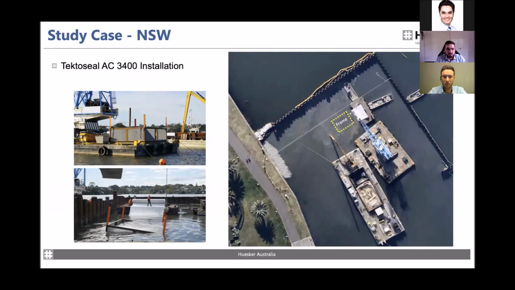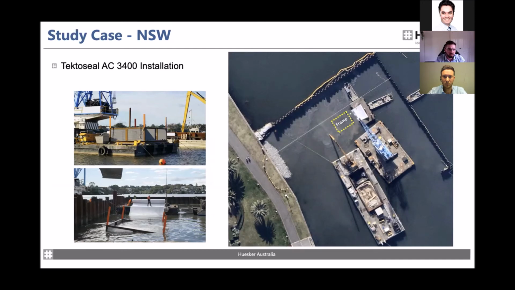This material is really peculiar because the same reason that makes it so unique, the activated carbon, it has a lot of area to absorb all the contaminants. It also traps a lot of air when you are placing it on top of the water. It will not sink, it will float because of the air that is trapped inside of the particles. So this is the reason why we had to use a sinking frame.